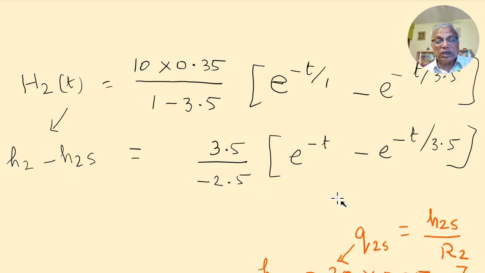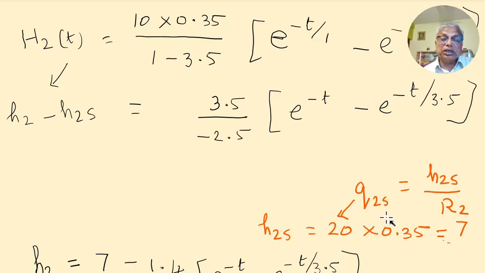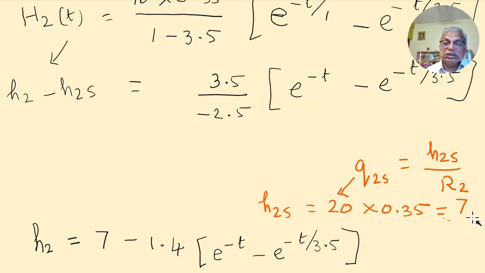Again, you go to the flow head relationship, assuming it to be linear. So Q2 equals H2 by R2. At steady state, Q2S equals H2S by R2. So H2S is going to be Q2S into R2, 20 into 0.35, which equals 7 feet.